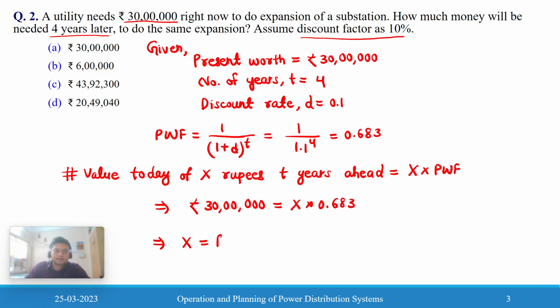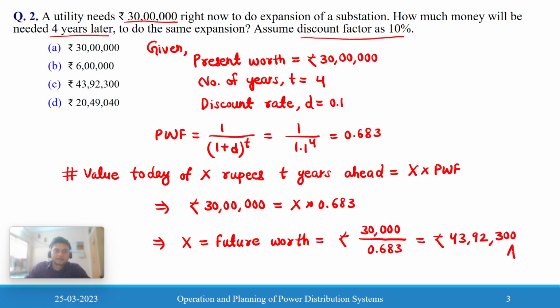X is the future value of money, so X will be 30 lakh divided by 0.683. So it will be 43 lakh 92,300, which is the final answer. C is the correct option.